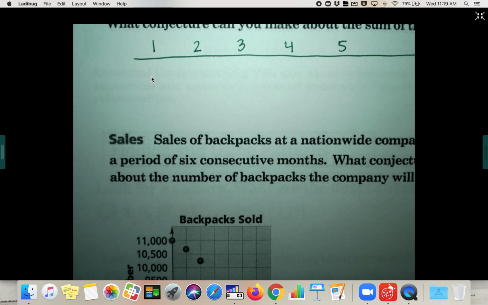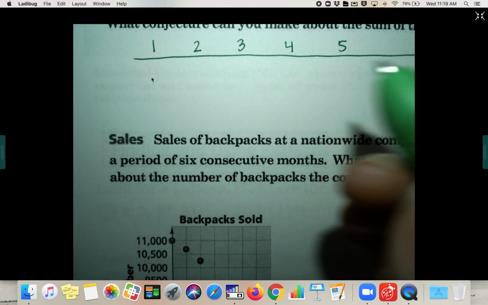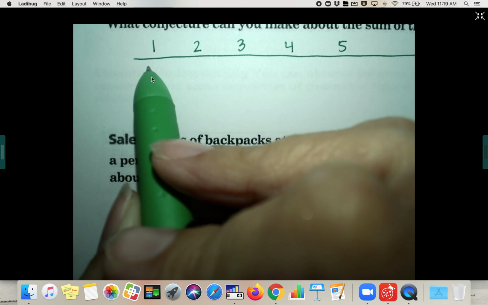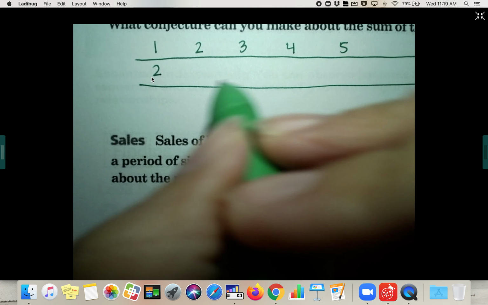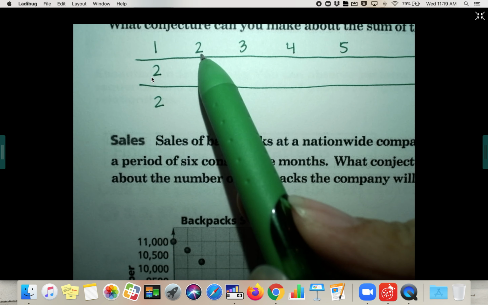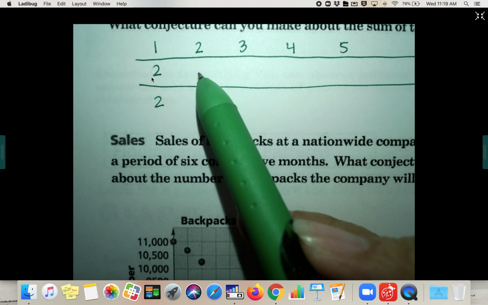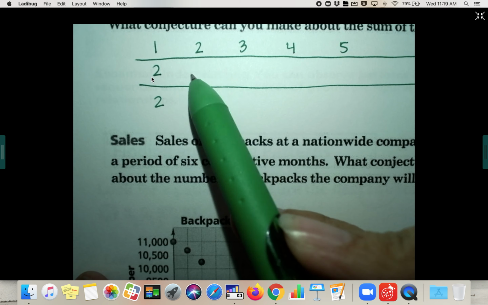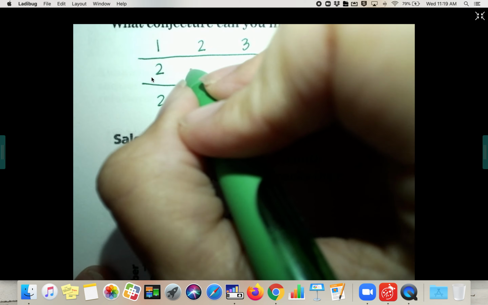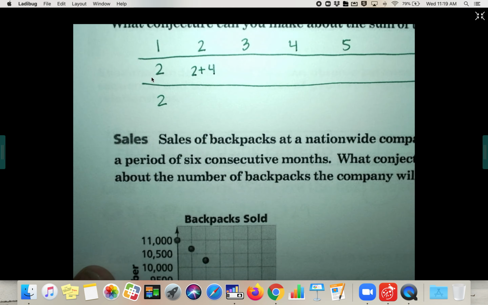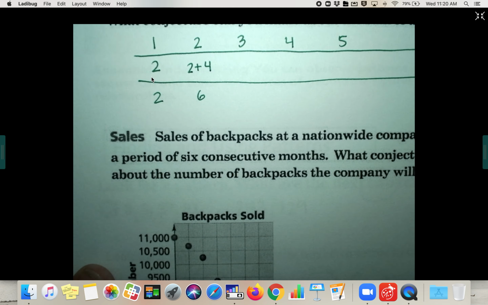So the first 30 even numbers. So the first even number is 2. And the sum of that is just 2. In my next section, I want the 2 even numbers. So those would both be 2, and the next even number would be 4, which is going to be 6.